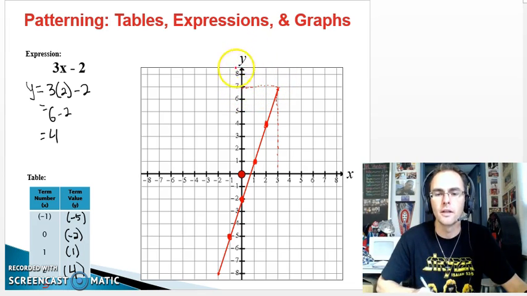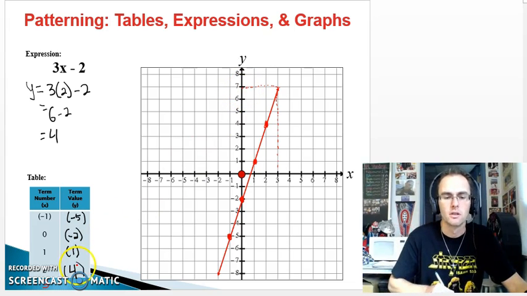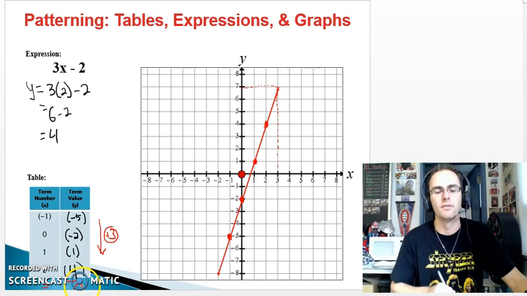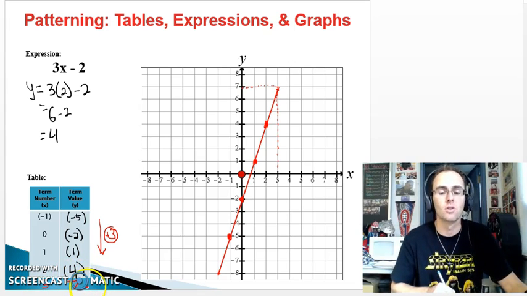My y value would be 7. So I could extend it here. And as you know, if you were just to use the t-table, the pattern is, as you can tell, add 3 going down this column here. So you keep adding 3 each time. So you can just add 3 one more time to get 7. The fourth term, add 3 again would be 10, and so on. You could also go the other way.